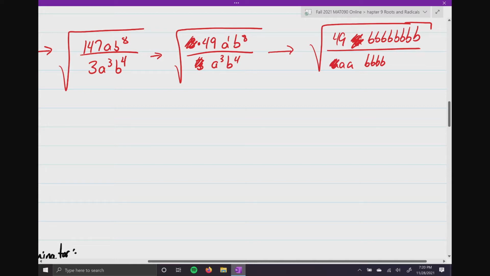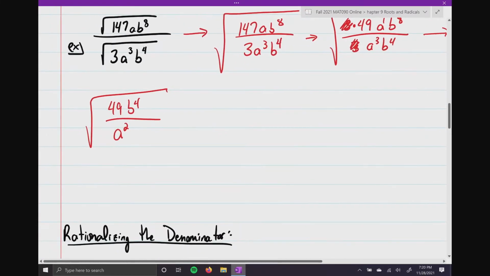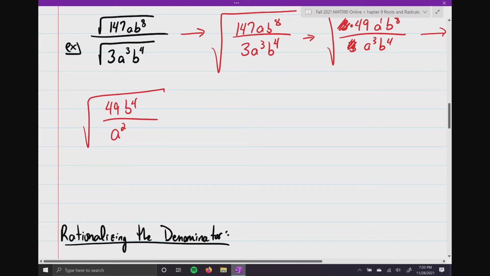So notice, here are those 2 a's in the denominator, and then 1, 2, 3, and 4. There's all the b's, and notice that I have 4 b's left over in my numerator. So that's how I got the square root of 49 b to the 4th over a to the second.